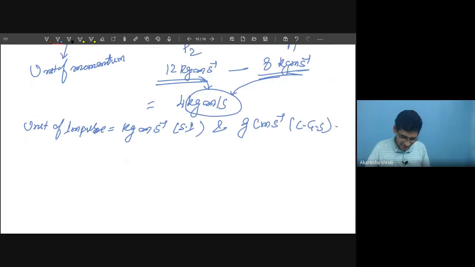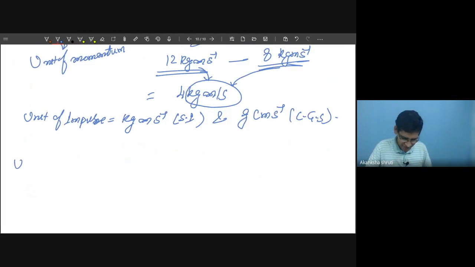So that is what we are observing: the unit of momentum is the same as the unit of impulse.